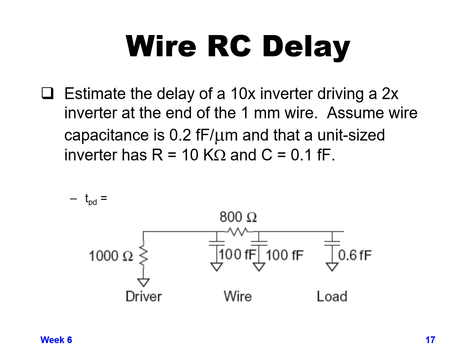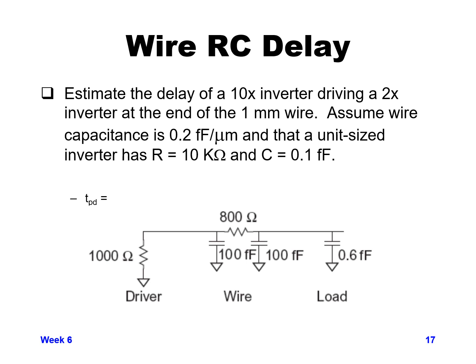So in this case, our driver is a 10x driver. On the left side we see it has 1/10 the resistance of a unit inverter. So instead of 10 kilo ohms, we have 1 kilo ohm, or 1,000 ohms.